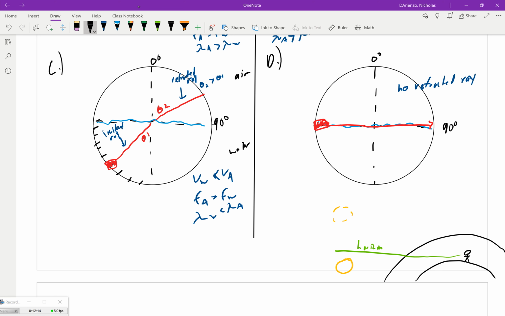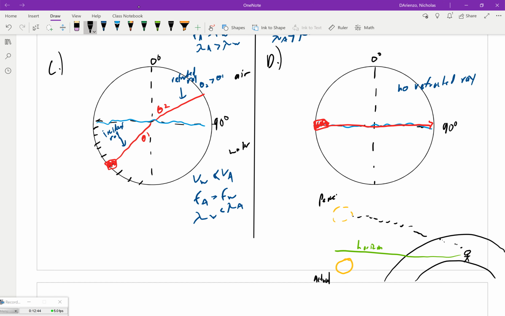So the person standing here is looking at the sun set over the horizon, but the sun is not actually in the spot where the person thinks it is above the horizon. Because of light refraction, moving from a less dense medium to a more dense medium, the sun's rays, so this is the actual position of the sun.